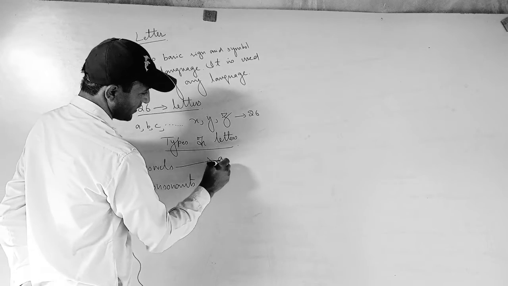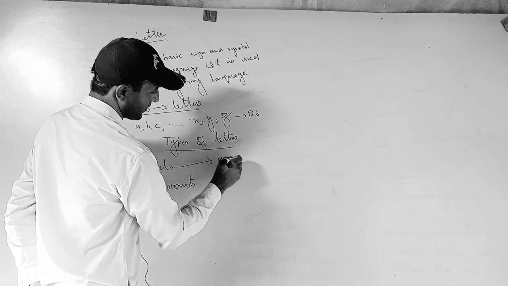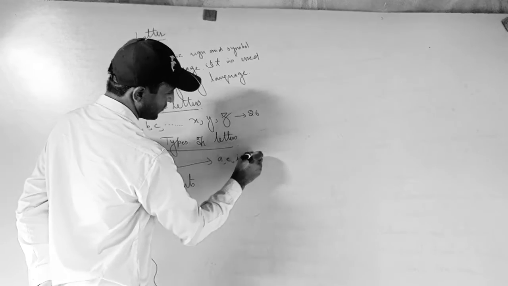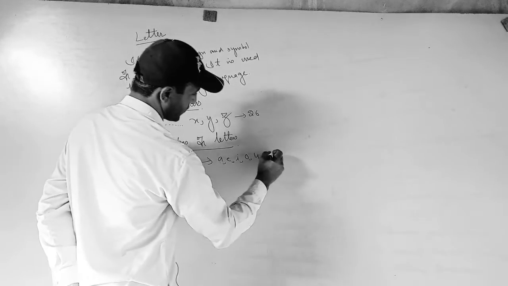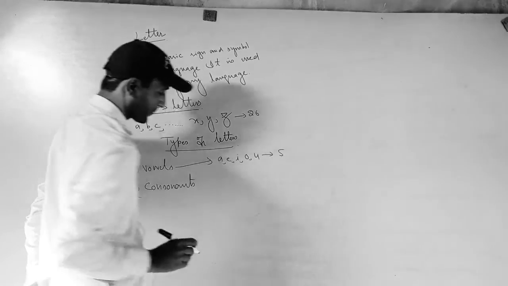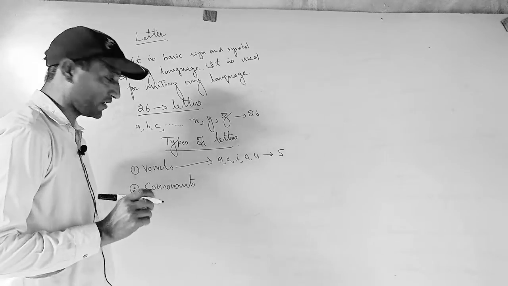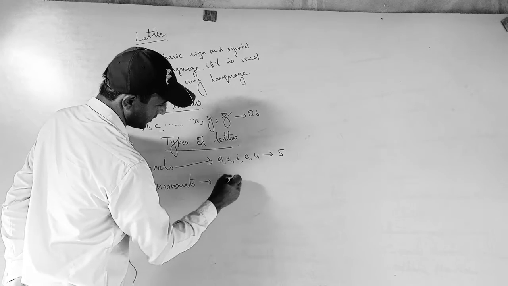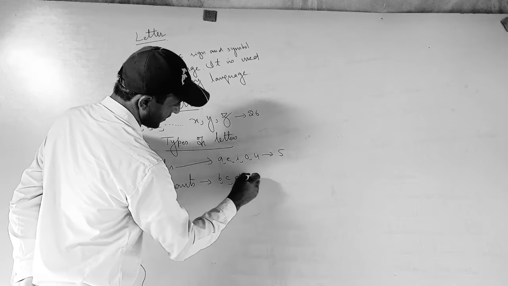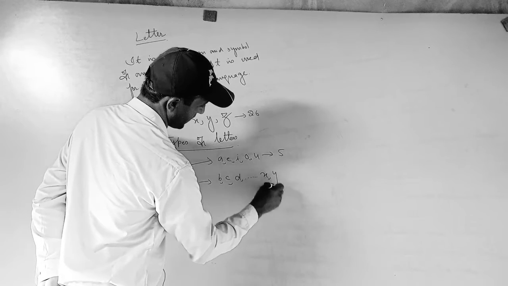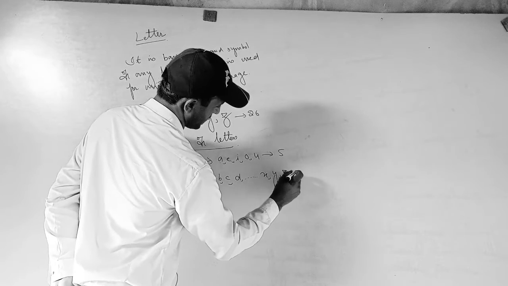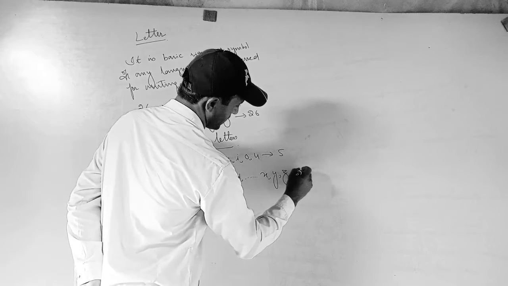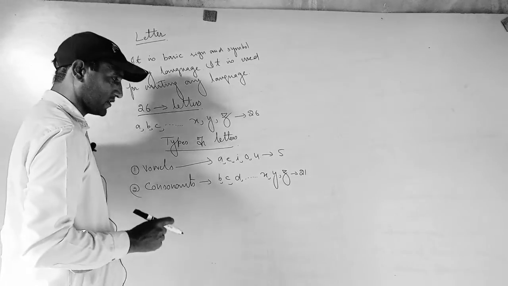These are A, E, I, O, U. These are totally 5 vowel letters, and the rest are B, C, D and so on up to X, Y and Z. So the total is 21 letters.